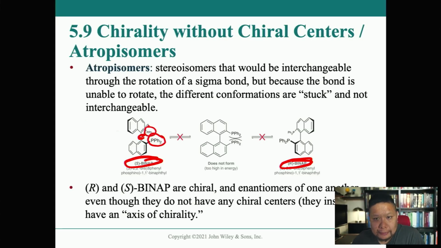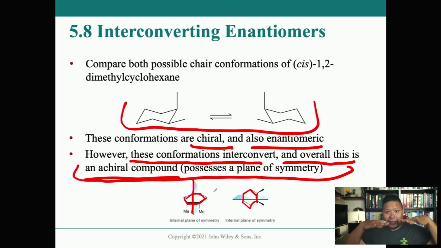Ph is phenyl, and phenyl groups are huge because they're big benzene rings and they like to repel each other. And so naturally, the rotation cannot occur. And since it cannot occur, BINAP is chiral, as opposed to the previous one, where these are chiral when they're in the chair conformations, but they can change into other conformations that have an internal plane of symmetry.